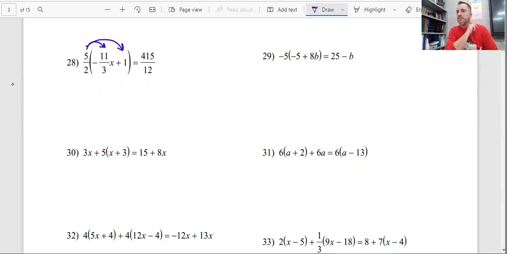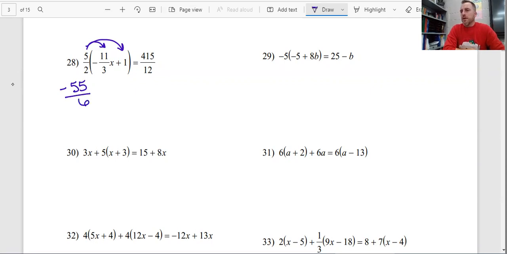So we need to multiply some fractions here. How do you multiply fractions? You just multiply straight across the top, straight across the bottom. So we've got a positive 5/2 times a -11/3. 5 times -11 makes -55, over 2 times 3 makes 6.